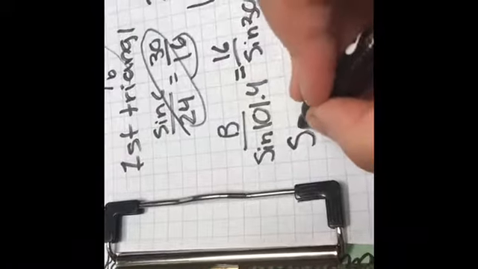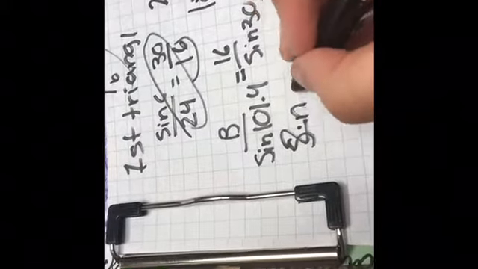So now we know our first triangle. But as I said before, there are two triangles. So we're going to have to basically do that again, but for our second triangle.